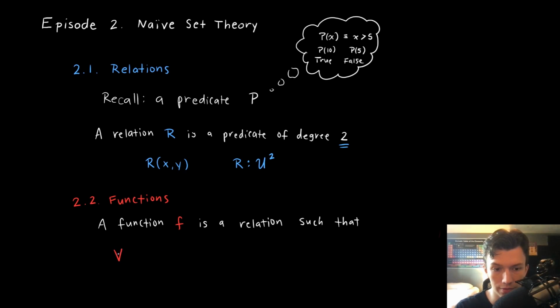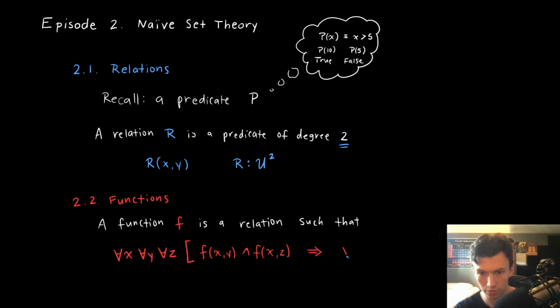For all X, and all Y, and all Z, if f of X comma Y is true, and f of X comma Z is true, then Y equals Z. Okay.